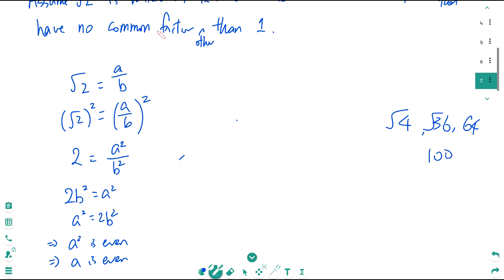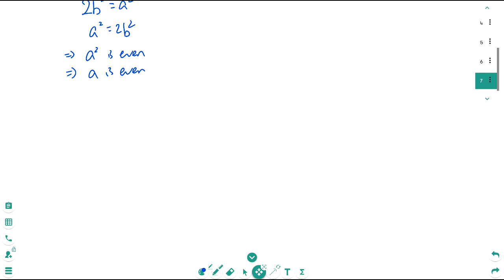When you square root them, the square root number must also be even: 2, 6, 8, 10. So if a is even, what can we do then? If a is even, then we can let a equals 2c, because an even number means 2 times something. Like 2k, you can use 2k.